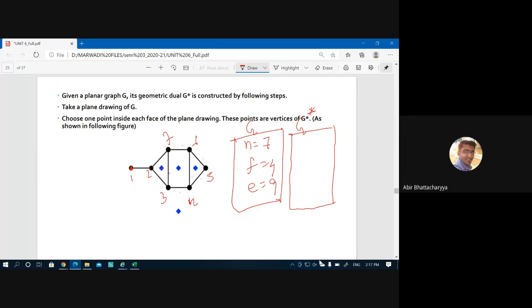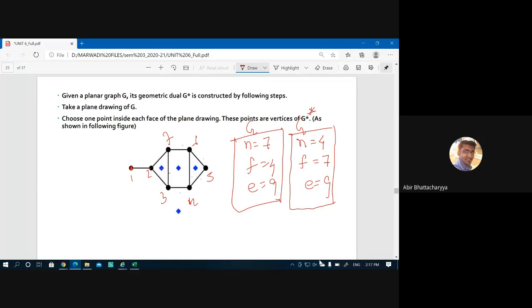the number of faces of the graph becomes the number of vertices. So in that case, n becomes 4 and f becomes 7, and there is no change in e, the edges will be the same.